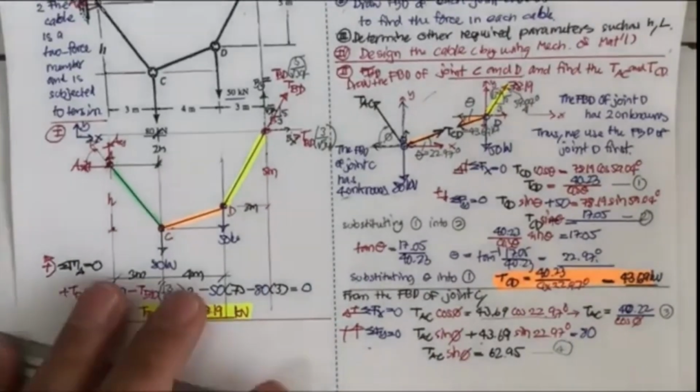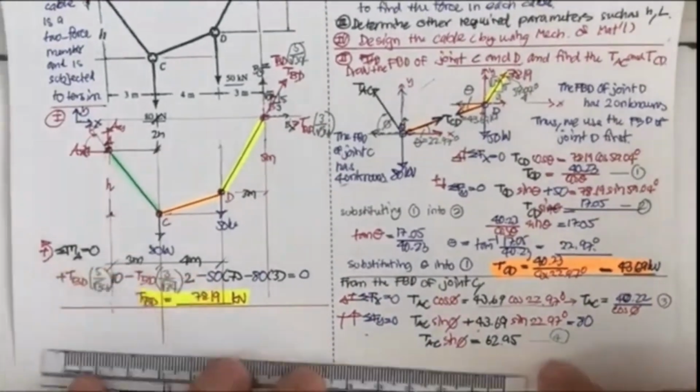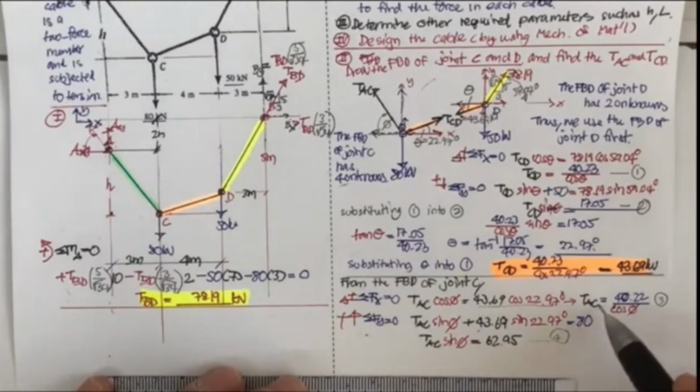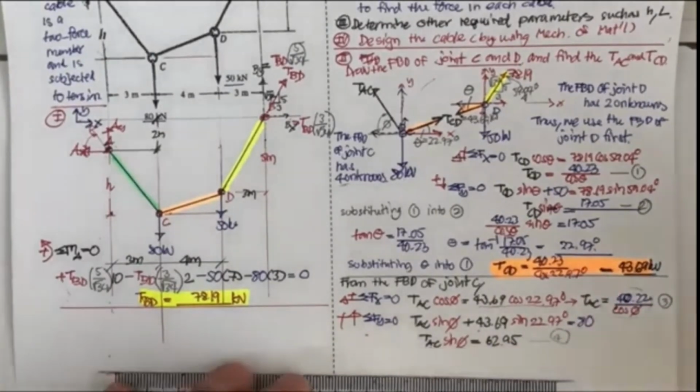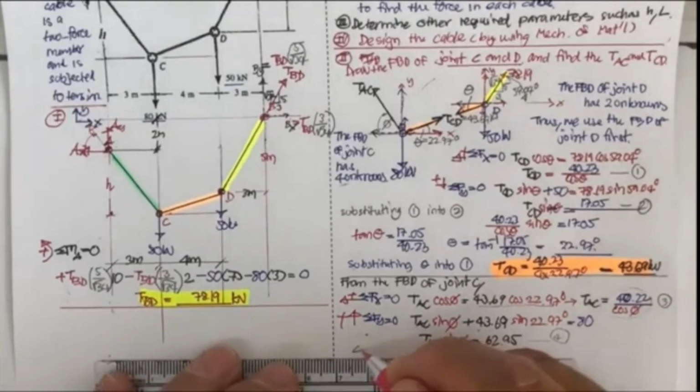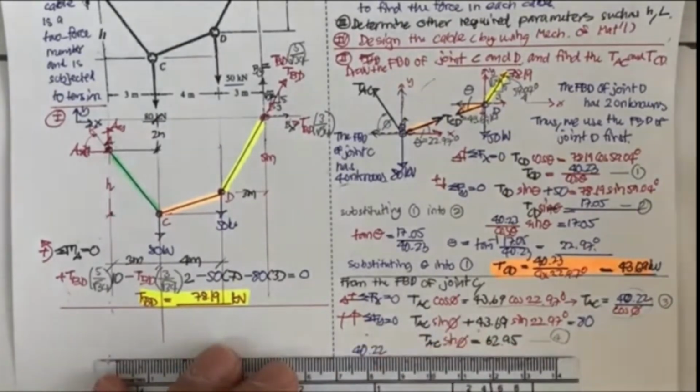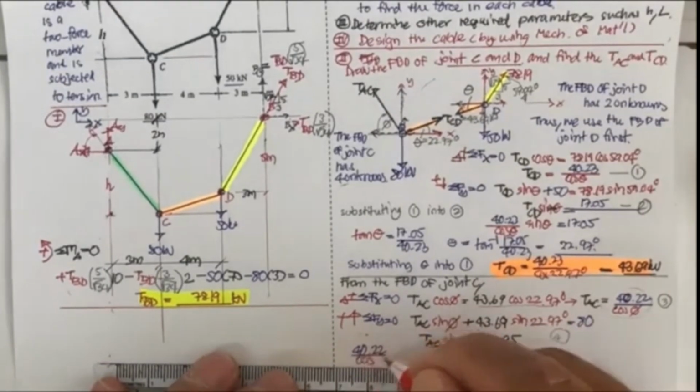Now you do the same as before, trying to solve the equations to obtain T sub AC and angle phi. So you substitute this part into this, so you will get 40.22 divided by cosine phi.